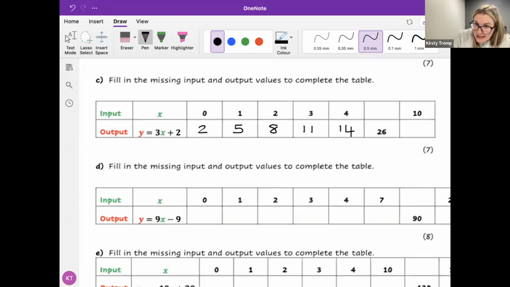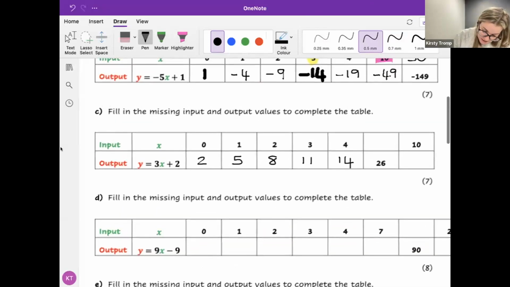Right. Now it's time to try our process of elimination, our trial and error questions. Let's give ourselves some space here on the top. We're saying that 26 is going to be equal to 3 times x plus 2.